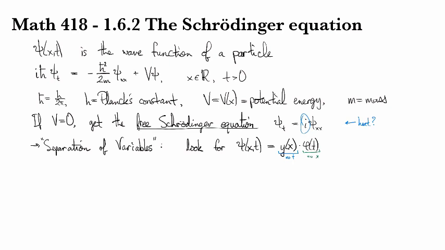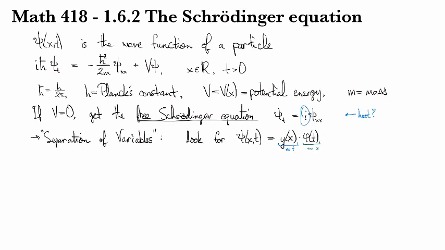And so are you guaranteed to have a solution of this form? Well, no. But if you happen to find one that does have that form, then you've got a solution and you win, right? So give it a shot. So let's see. Now what we do is we say, okay, suppose there's a solution of this form.